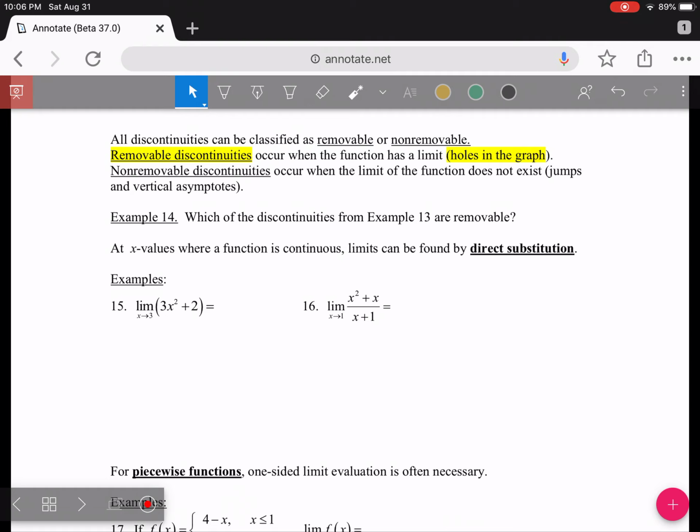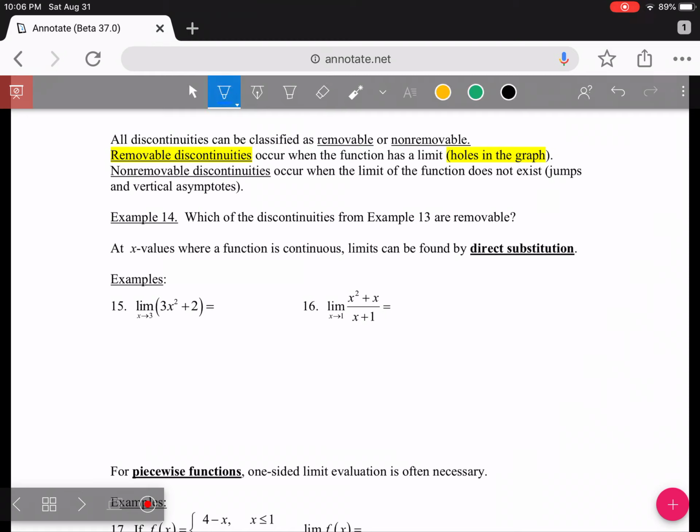So that's what this says here. All discontinuities can be classified as removable or non-removable. So an asymptote would be a non-removable one, right? Because we can't just put a point in. So removable discontinuities are holes in the graph, and non-removable discontinuities occur when the limit of the function does not exist. So that would be at a jump or at an asymptote. So which of the discontinuities from example 13 are removable?